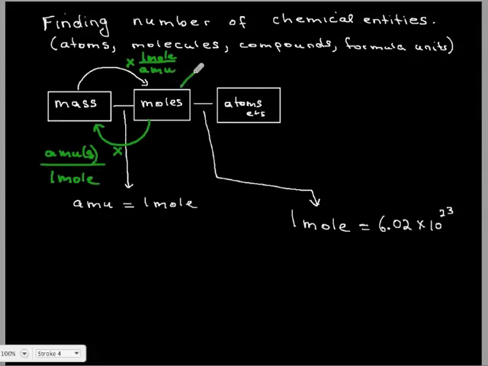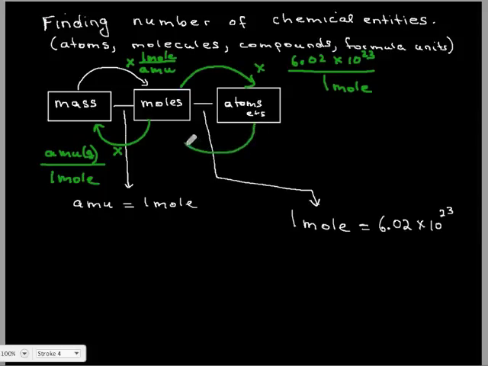Now, if you had moles and you wanted to figure out the number of atoms, you will multiply by 6.02 by 10 to the 23 divided by 1 mole. And if you had the number of atoms and you were figuring out the number of moles, you will multiply by 1 mole over 6.02 by 10 to the 23.